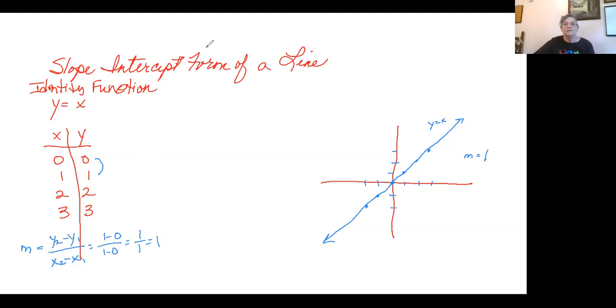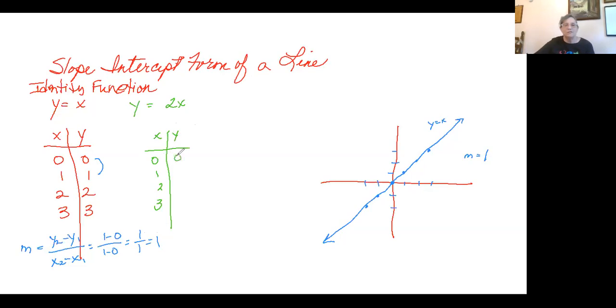Now let's take a look at a different one. How about, let's do green. What if we had y equals 2x? So if we let x be 0, 1, 2, 3, then each y is going to be 2 times the x value.